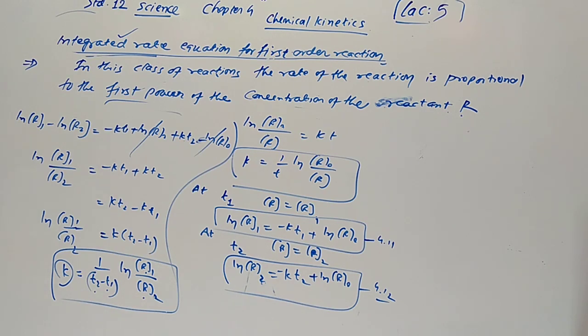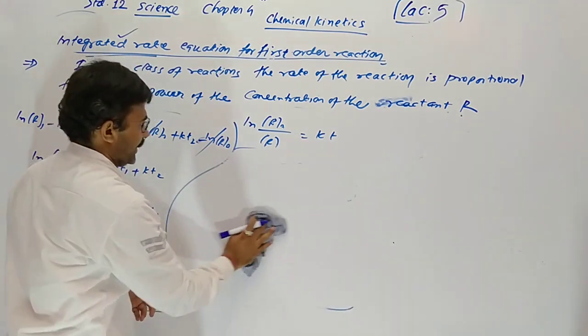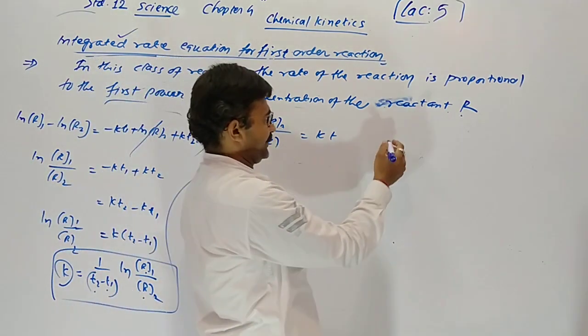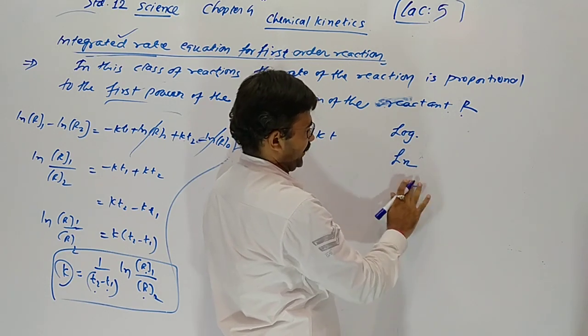This equation we can take in the form of an exponent. Yes, from this equation in exponent. Actually there are three forms of logarithm: simple logarithm, natural log and exponent e.